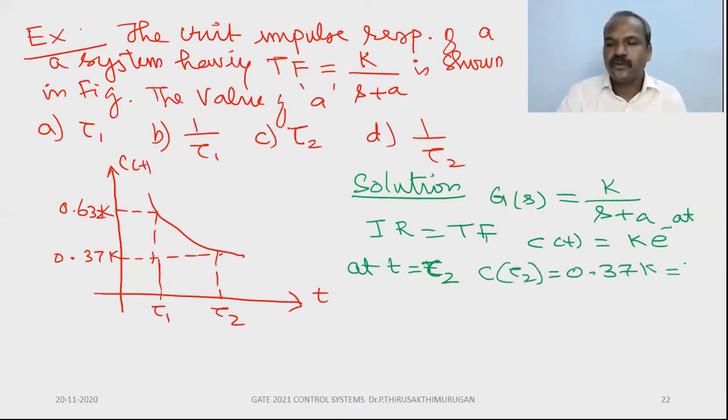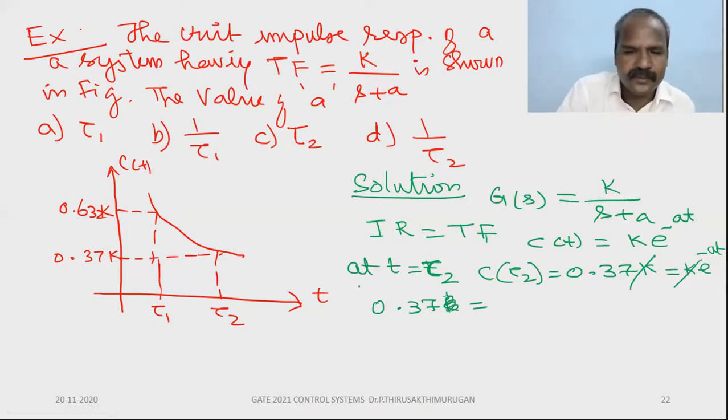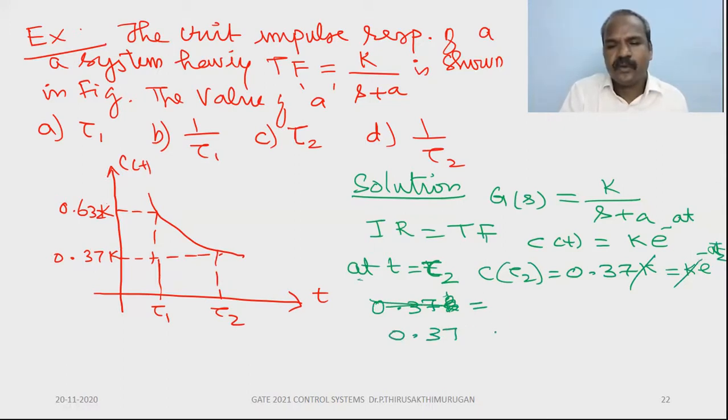This is equal to k into e power minus a tau 2.